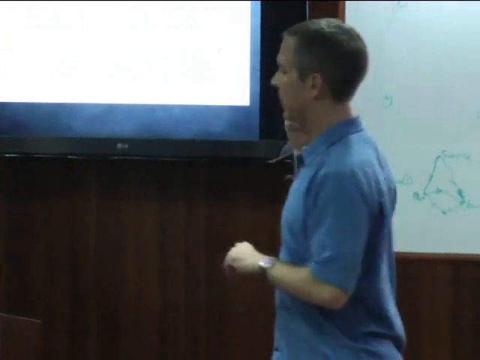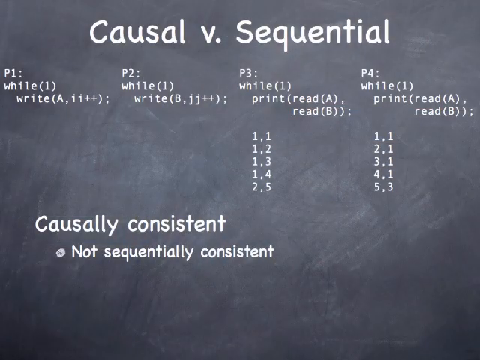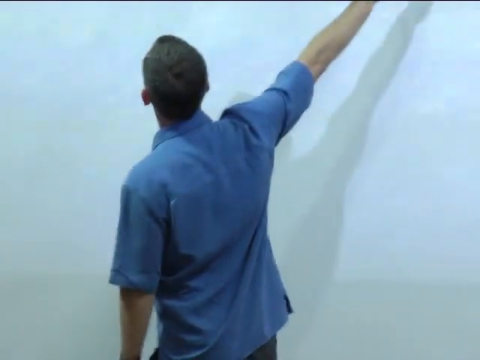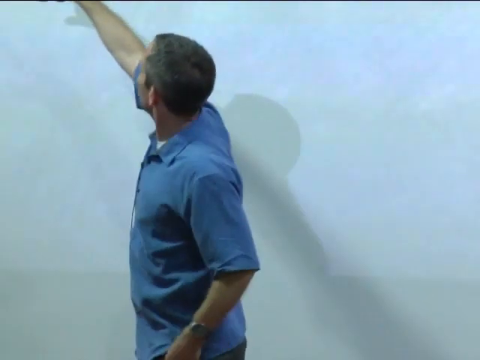If we look at my classic example here, if I get rid of P3 and P4, let's forget about those for a second, A does a bunch of writes and B does a bunch of writes, that's causally consistent.